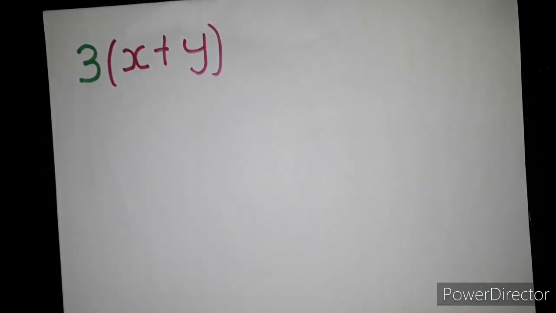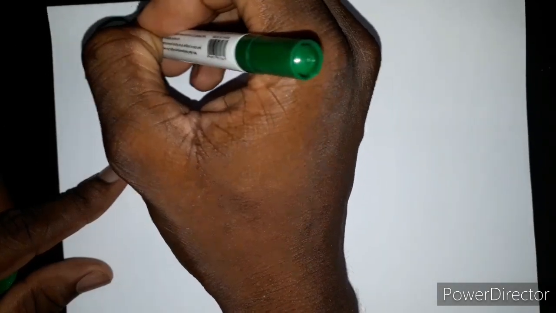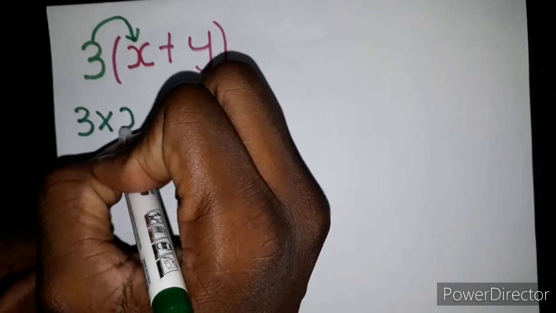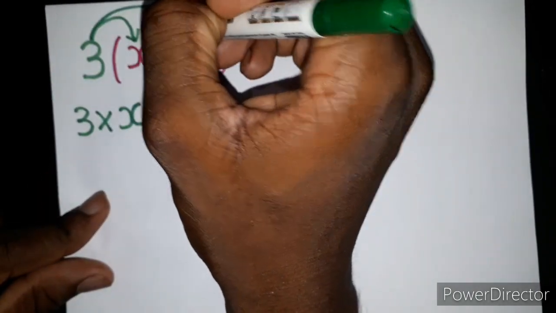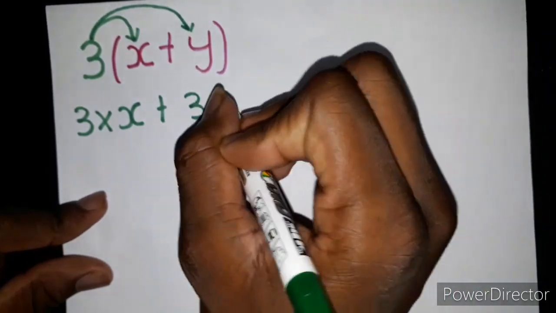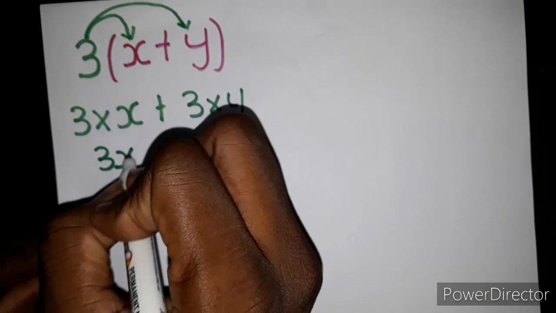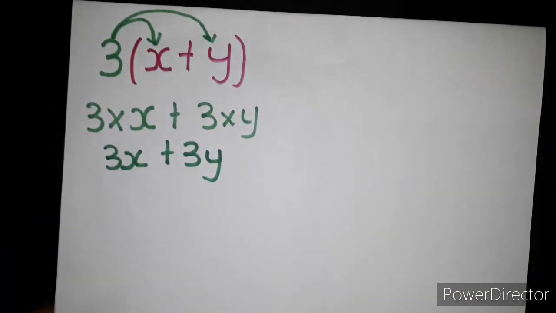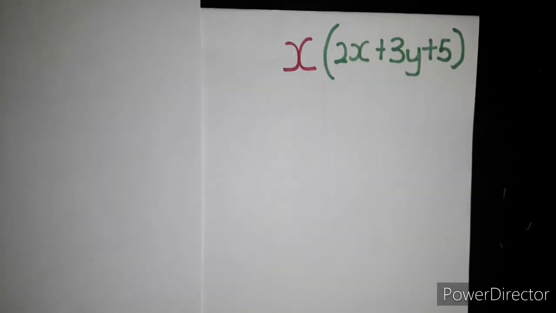When we say distribute, we mean multiply, right? So this 3 will multiply this x, and you put back the plus sign, plus the 3 multiplied by the y. 3 times x will give you 3x, plus 3 times y will give you 3y. And that is the whole idea of the distributive law. Simple as that.